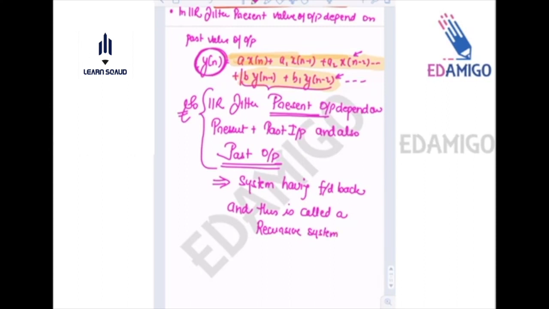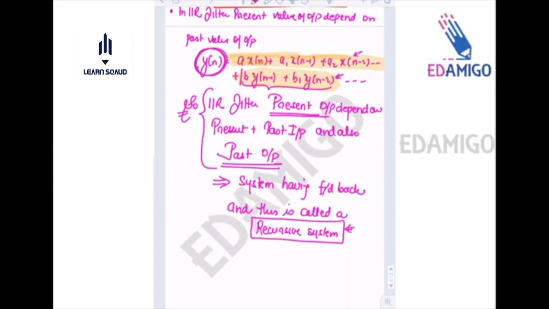So IIR filters are always recursive systems because there will always be a pole, and a pole always shows a feedback path. I hope that you have already studied the system design, and that's why I'm not explaining the things here. I will be making a video on that also. So this is a recursive system.